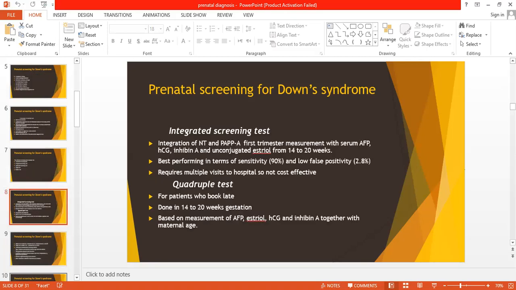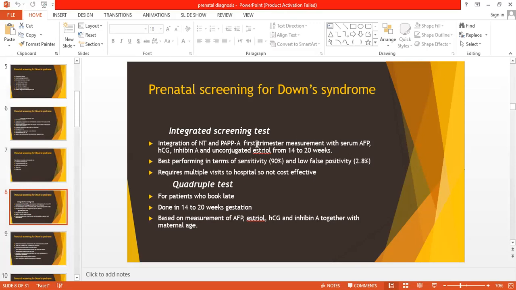The integrated screening test is the integration of nuchal translucency and pregnancy associated plasma protein A from the first trimester with measurement of serum alpha fetoprotein, human chorionic gonadotropin, inhibin A, and unconjugated estriol from 14 to 20 weeks, that is the second trimester.